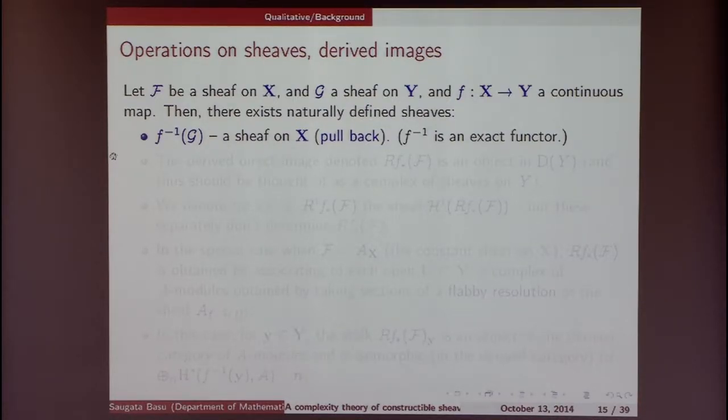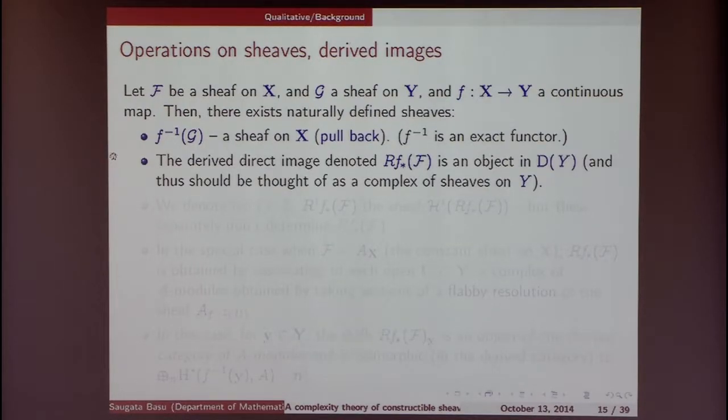Even if you start with sheaves on X and Y, and f is a continuous map, then the inverse image is going to be a sheaf on X. You don't need to go to the derived category here because this is a better functor. It's exact. I don't want to explain why, but as usual, think back again to semi-algebraic sets. Pulling back a semi-algebraic set, you get a semi-algebraic set for free. Pushing forward is the more difficult thing.